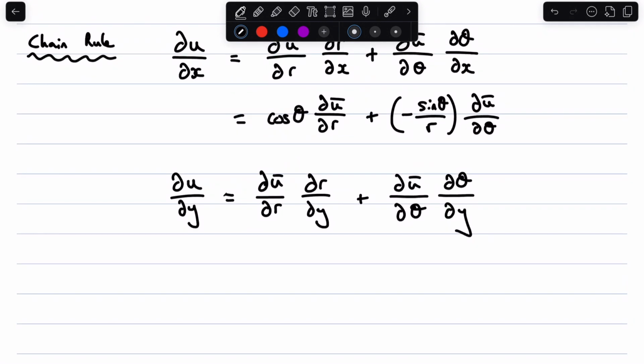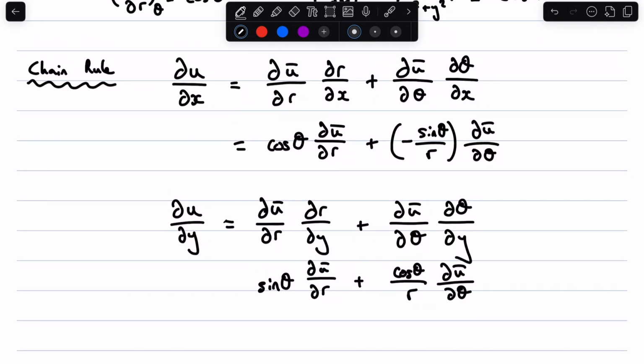And then for du by dy, we'll have sine theta du bar by dr plus cos theta over r du bar by d theta.